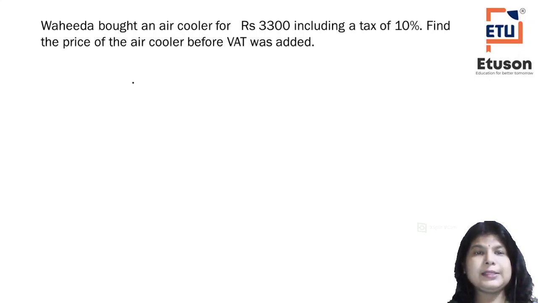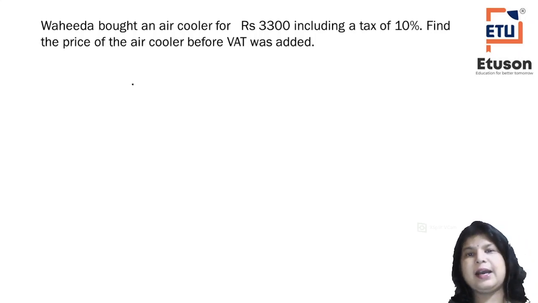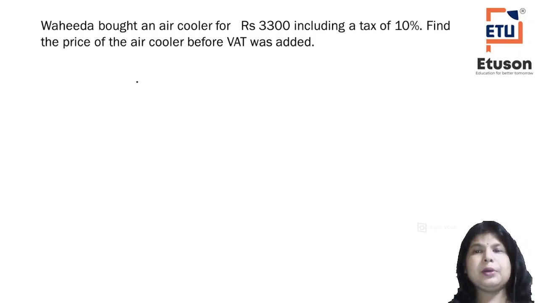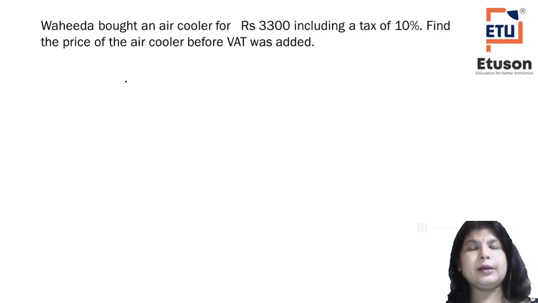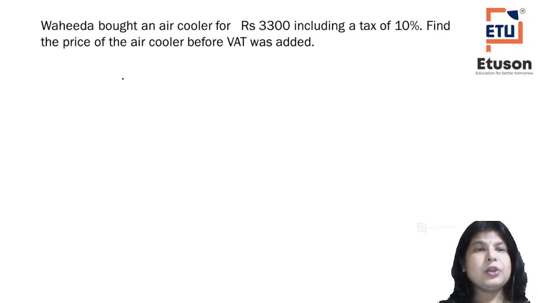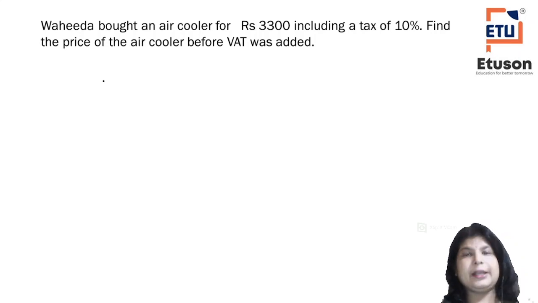Find the price of the air cooler before VAT was added. So remember, when you are talking about the price of the product, it already includes the VAT. Okay. So here you need to find out the price of the air cooler before VAT was added.